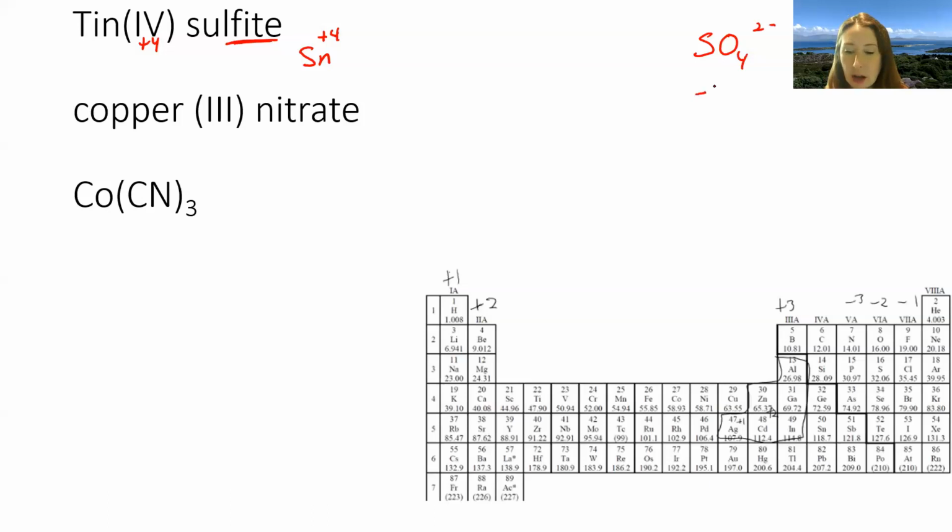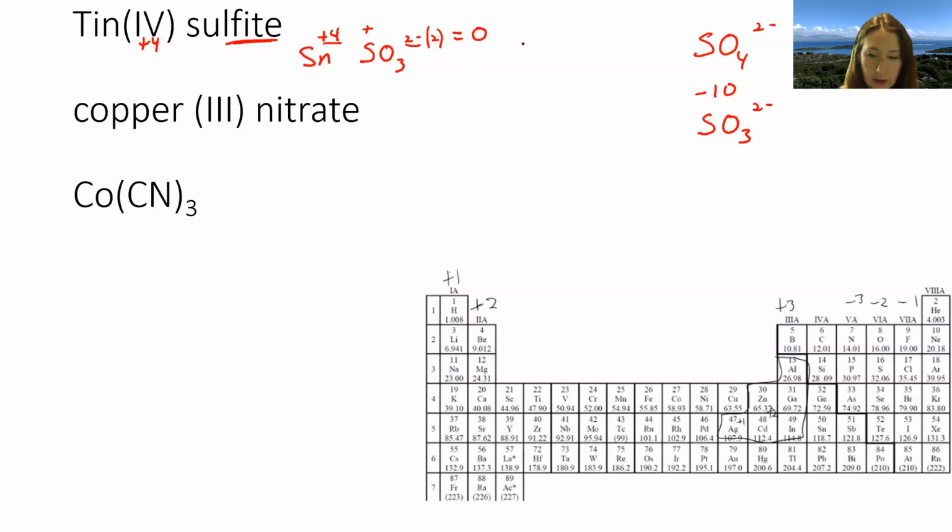Ite means it lost 1 oxygen. So sulfite is SO3, 2 minus. Okay. So now when we do this, again, it needs to equal 0. When we add these together, this is +4, -2, so I need 2 of these.